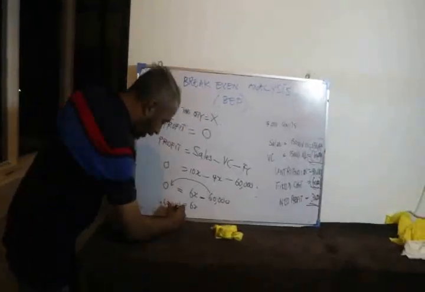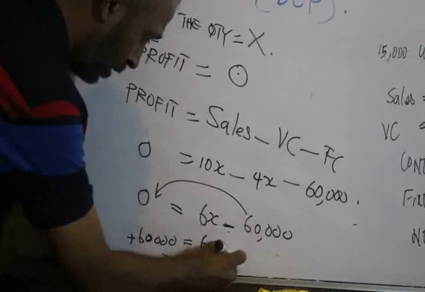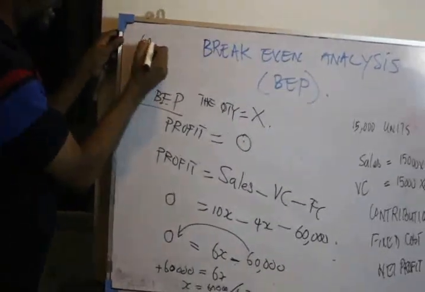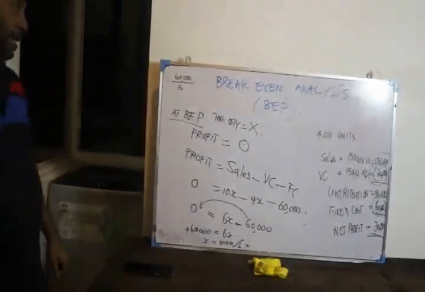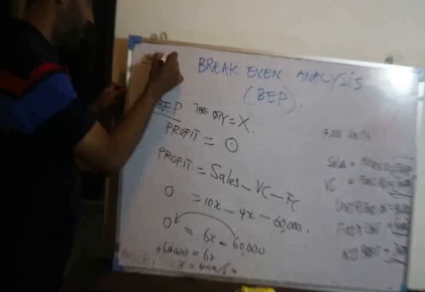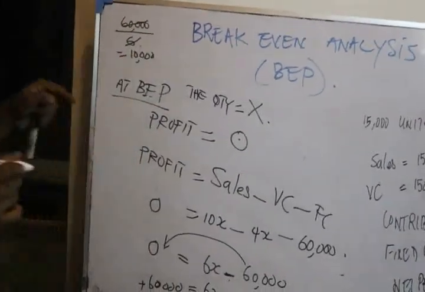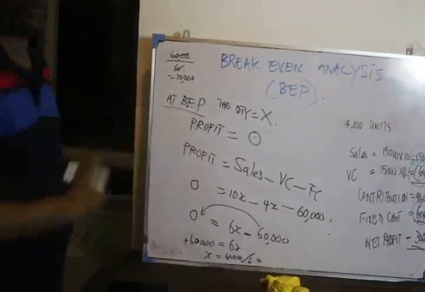Hence, if I calculate x, the answer will be 60,000 divided by 6. And that's a simple calculation. This will be 10,000. This is the way we arrive at the break-even point using a mathematical approach.